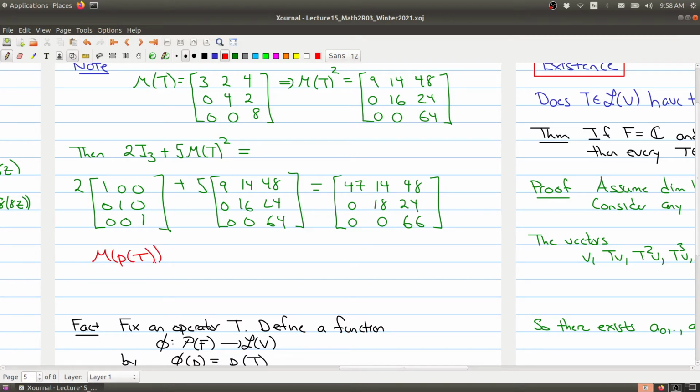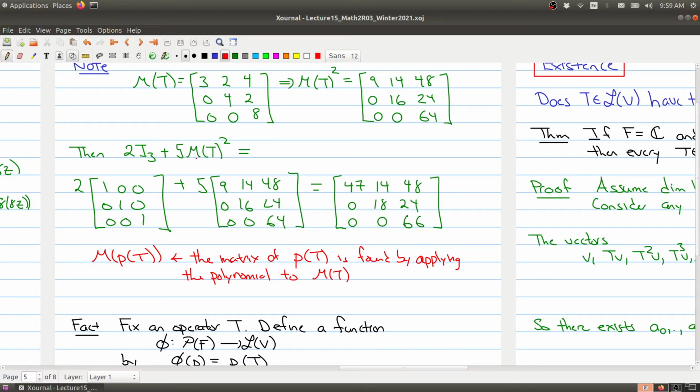So what's happening here is that the matrix of the linear operator MPT is found by applying the polynomial to the matrix MT. So what you can think of is we've taken the matrix MT and we've plugged it into our polynomial.